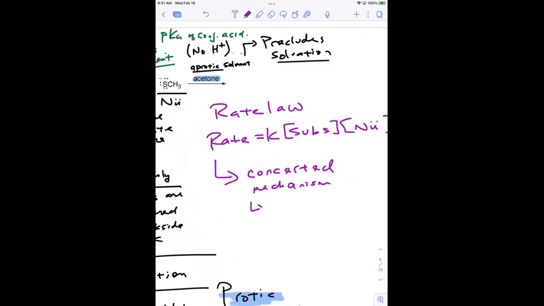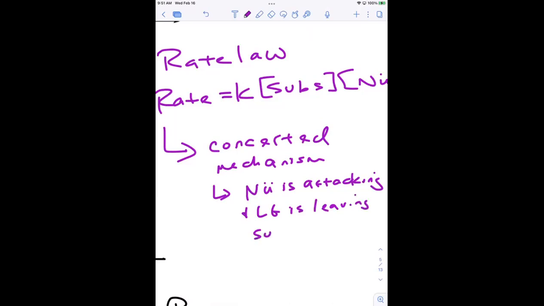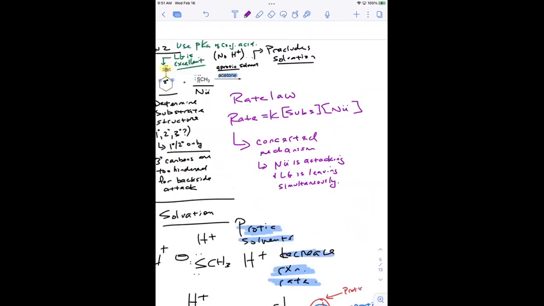What that means for this reaction is that the nucleophile is attacking and the leaving group is leaving simultaneously. That's another reason why they can't come from the same side. All right, so it's concerted. So the rate is going to be affected by both the substrate as well as the nucleophile.